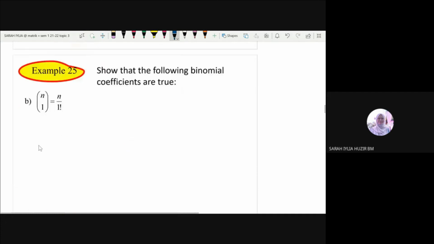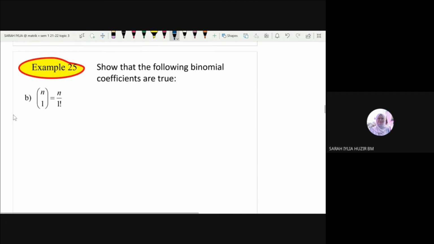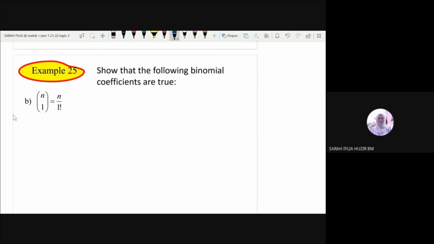Kita pergi next one. NC1 equal to N over 1 factorial. Sama juga saya start dengan left side. So, N1 is basically NC1. Open up using formula, we will have N factorial over 1 factorial N minus 1 factorial.